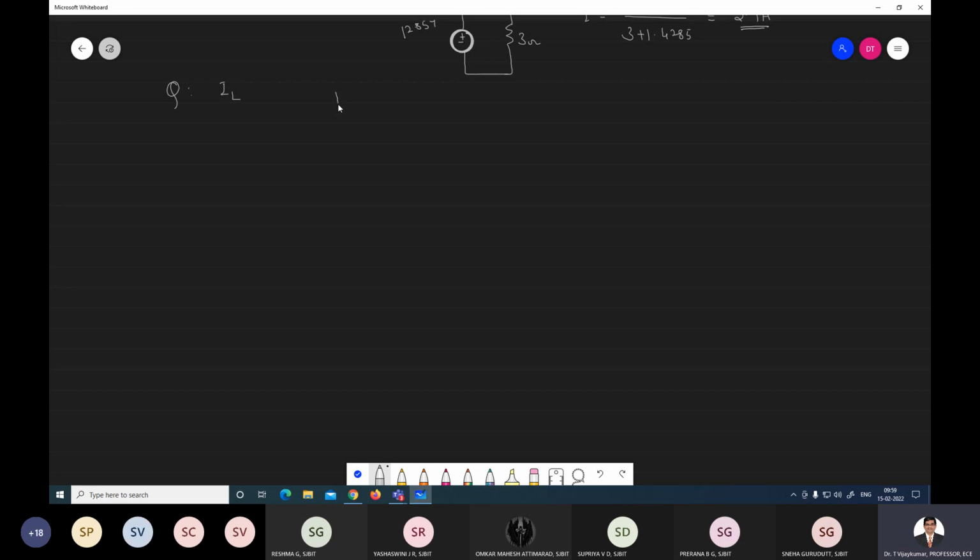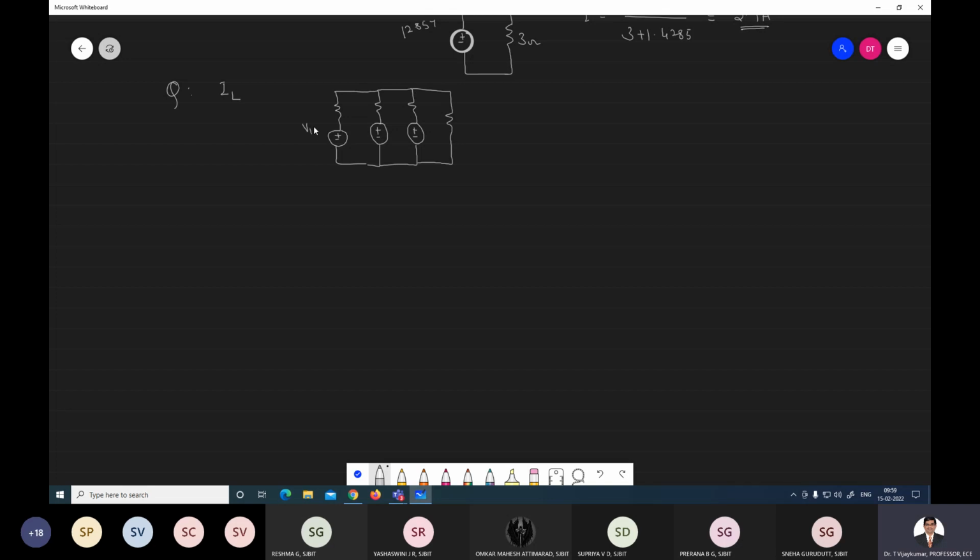So this is the diagram we can take. Resistor, and here also there will be one resistor, and here one voltage source, and again a resistor, and this is your voltage source, and this is your RL.